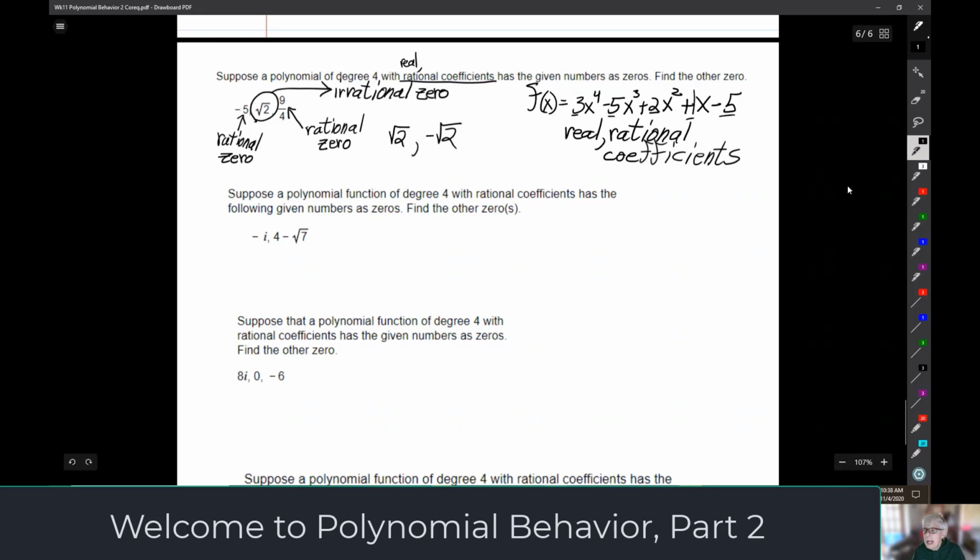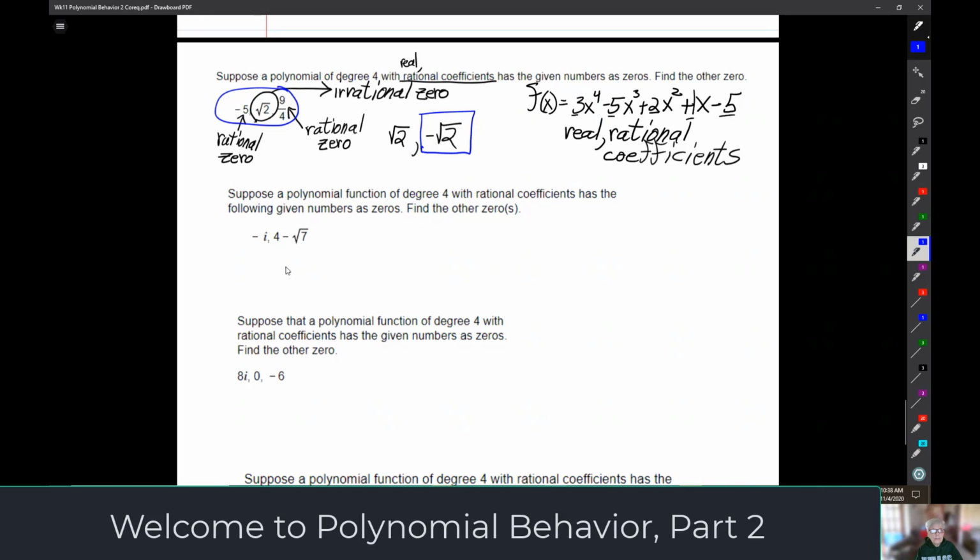And so the answer to this problem, there's no more work that you have to do. All you have to do is type this into the answer box. Negative the square root of 2. That's all they're asking. If these are zeros, name the other zeros. Well, there's only one other. Negative the square root of 2.